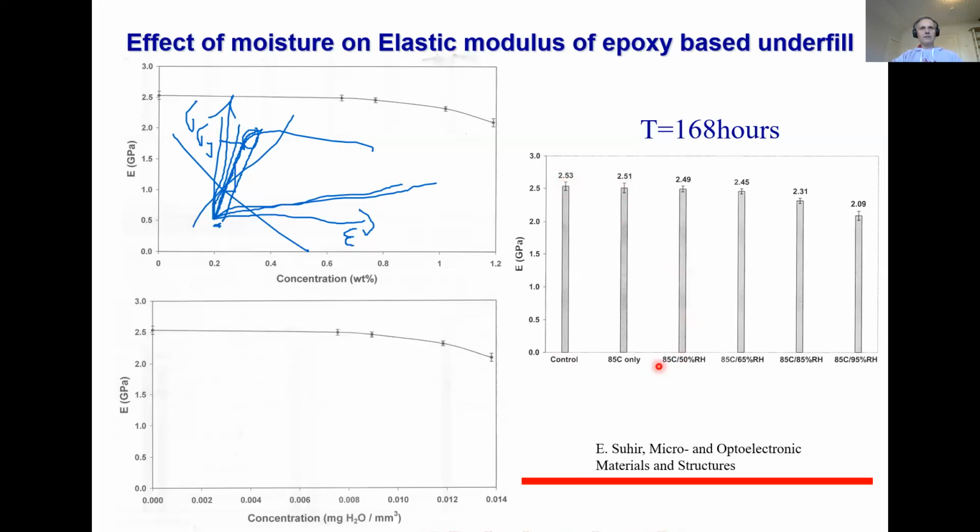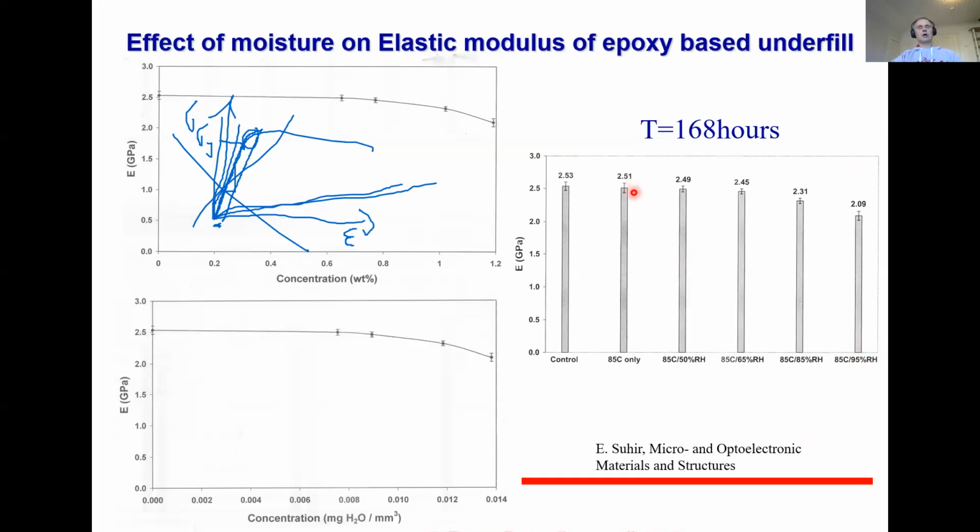If you put it at 85 degrees and relatively low relative humidity, also no major change. But when you start increasing the relative humidity, then with the same time, we already have a 20% decrease in strength at 85 degrees centigrade and 95% relative humidity.